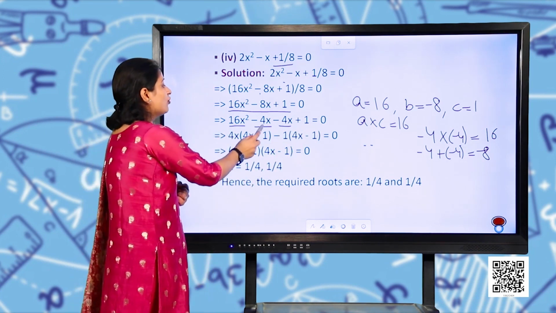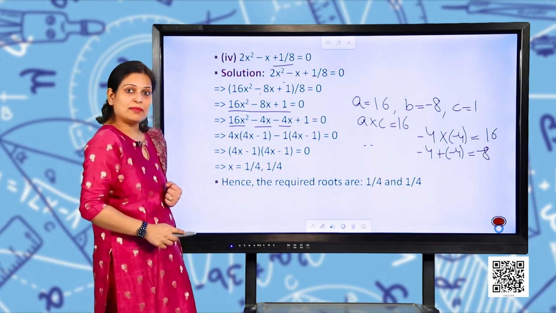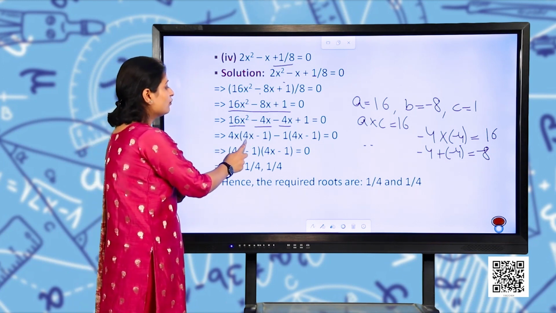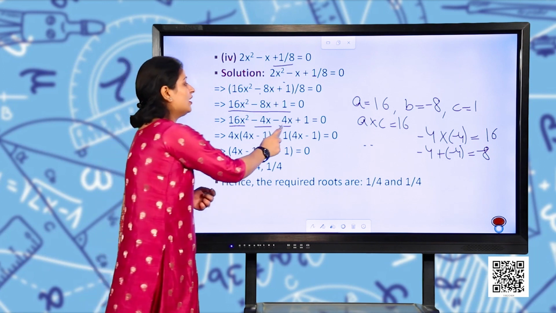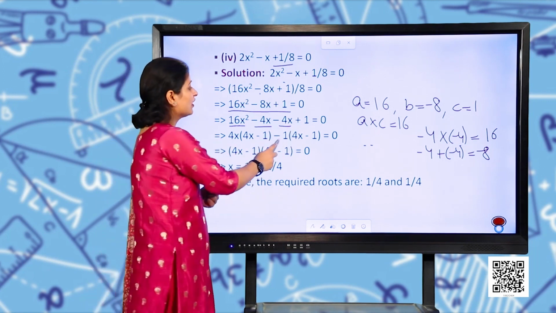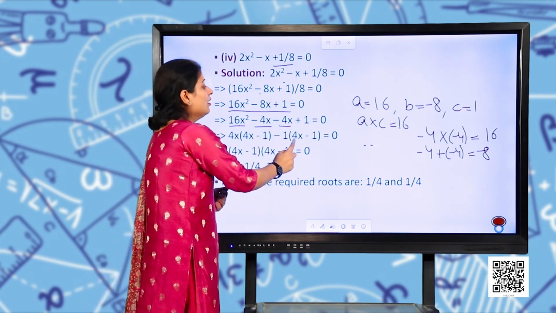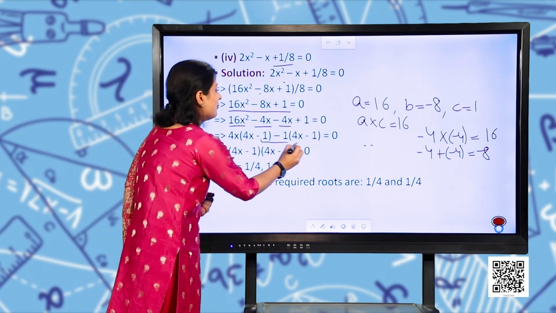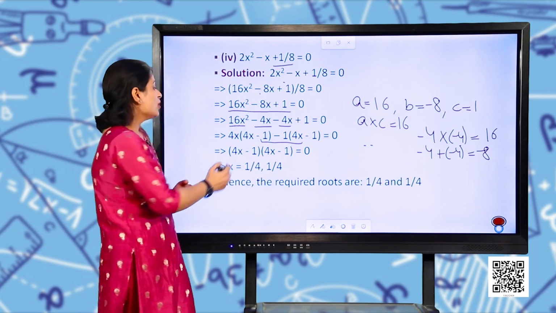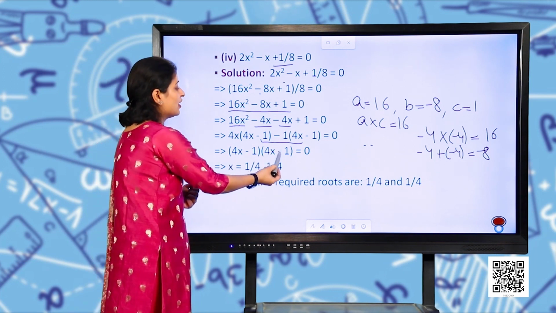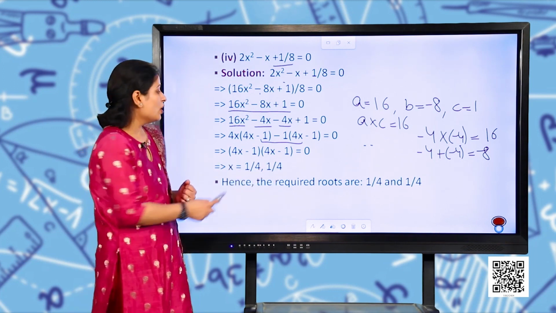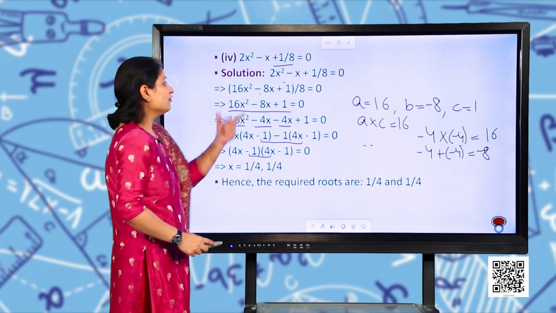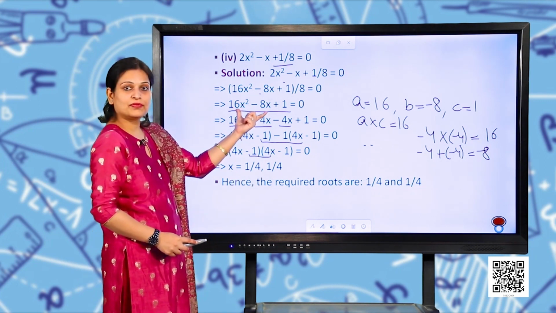Now, you can take out 4x common from the first two terms, you will get 4x into 4x minus 1, and you can take out minus 1 common from the others. So, you will get minus 1 into 4x minus 1 equals 0. Both of them contain 4x minus 1. So, 4x minus 1 and 4x minus 1 are our factors of this polynomial.